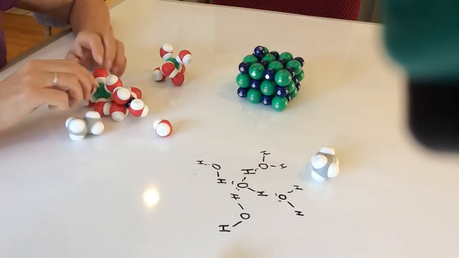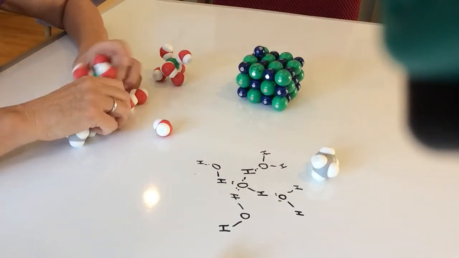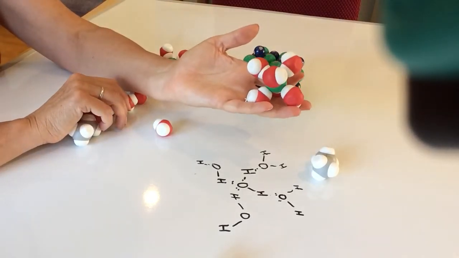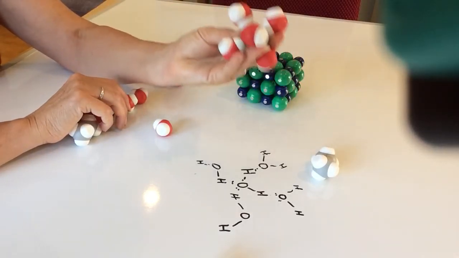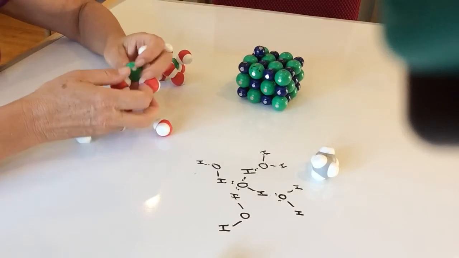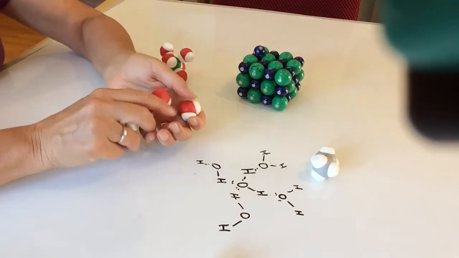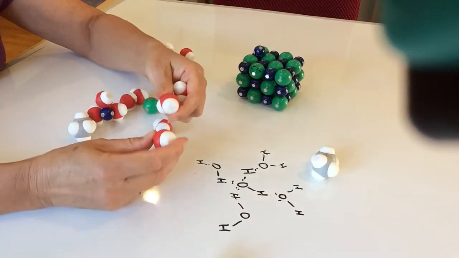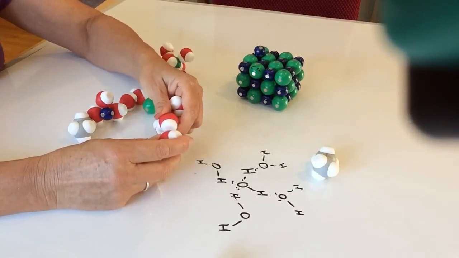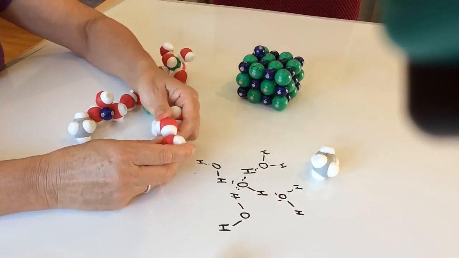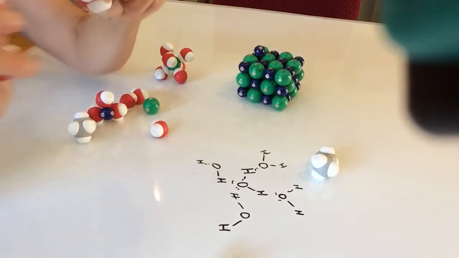Okay, so again, water is going to surround anything that's charged or partially charged, and that's why water is a good solvent. And water is less dense as a solid than as a liquid, because every hydrogen bond that can form in a solid forms, and the hydrogen bonds are actually spaced apart.